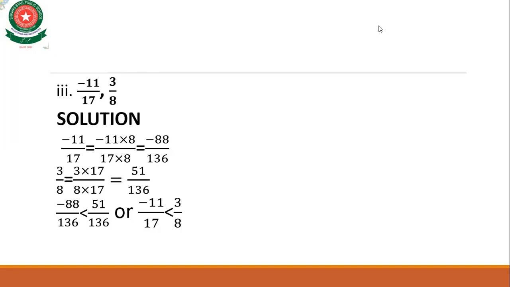Although 88 is greater than 51, here 88 has a minus sign, so any value which has a minus sign is always less than a positive value. So we can say that minus 11 by 17 is less than 3 by 8.